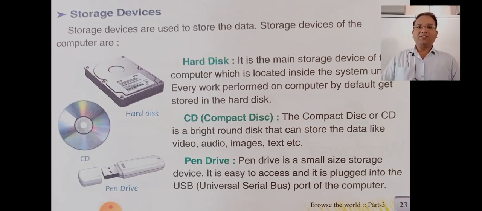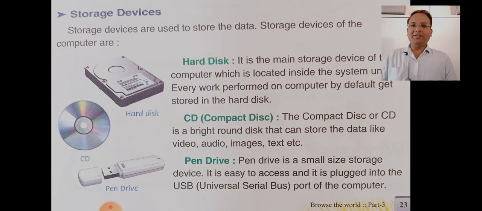System unit means CPU. Every work performed on computer by default gets stored in the hard disk. Whatever you will store in the computer system, it will go into the hard disk. Got it? So it is the essential storage device of the computer system.